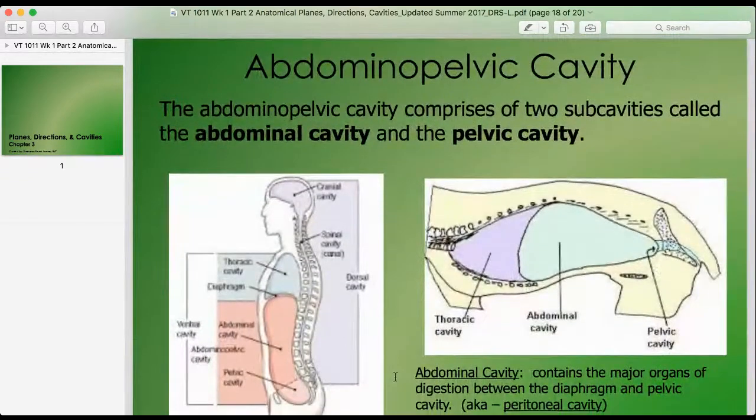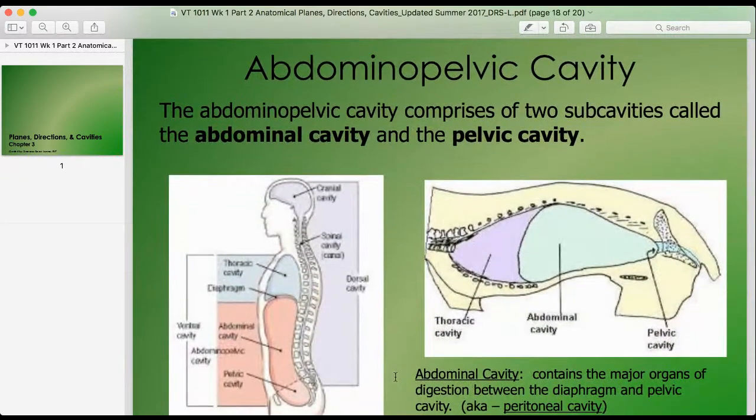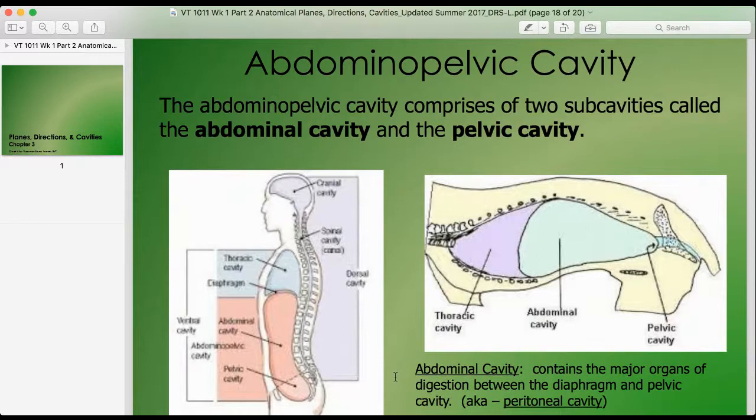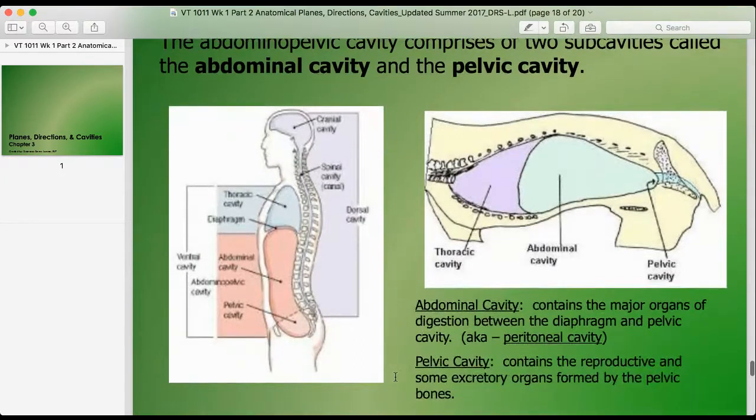So, all these twos of cavities. We're down to our last two subcavities. The abdominopelvic cavity has two subcavities called the abdominal cavity and pelvic cavity. The pelvic is a little bit smaller in most critters.